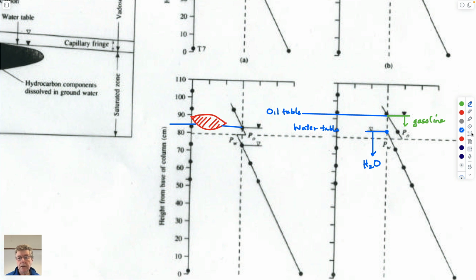Actually, I'm going to move that down because it should be moved down, right? Actually, that's perfect. Yeah, sorry about that. So this now is the gasoline that's sitting on here. It should come up to this point here. Oh, no. I'm drawing it on the wrong diagram, right? So why don't I do this?